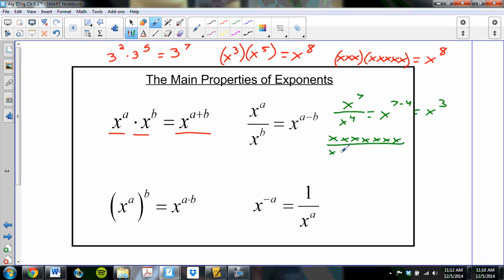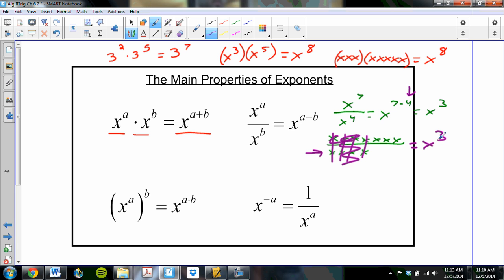X to the fourth is 1, 2, 3, 4 x's on the bottom. And x divided by x is 1, so these can cancel, and literally, the 4 x's on the bottom are taking away 4 x's on top, a subtraction. We're left with 3 x's on top. So that's x to the third.